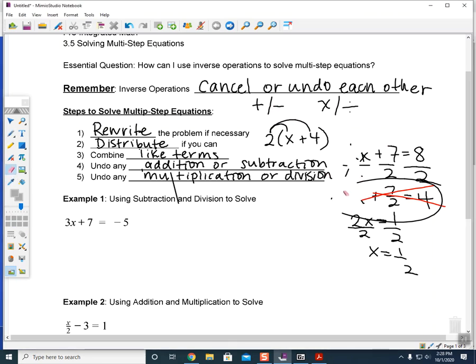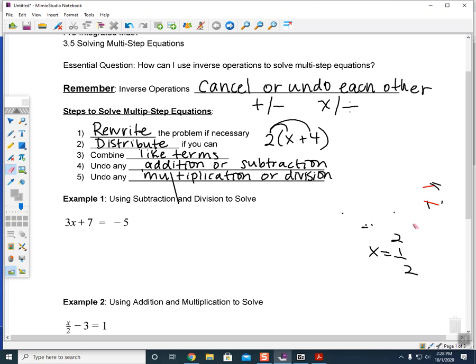So let me get rid of this over here, and then we'll do some examples together. The first example is 3x plus 7 equals negative 5.